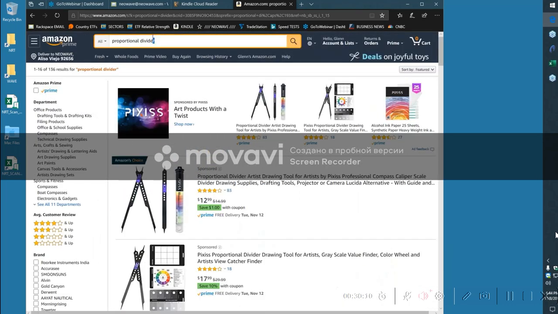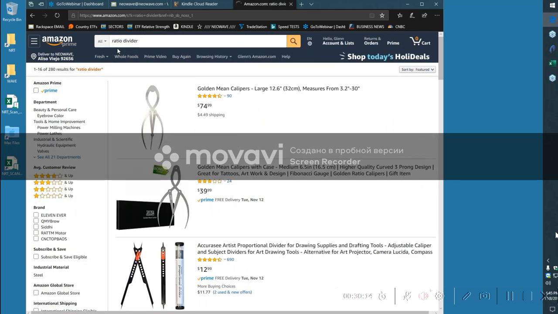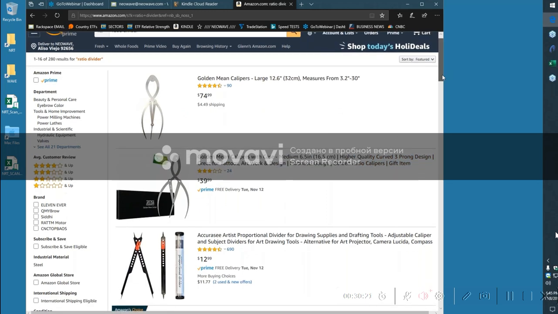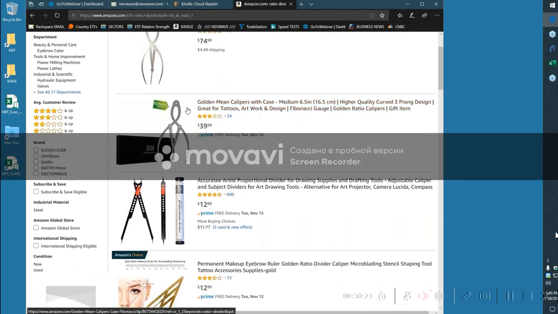Let me type in ratio divider. The ones that I get, I think, are from Australia. Yeah, this is it right here. Okay, now there's the less expensive ones. There's the larger ones. I think this is the size that I currently use. Let me measure the one that I have real quick that I use all the time. It's good for most measurements.